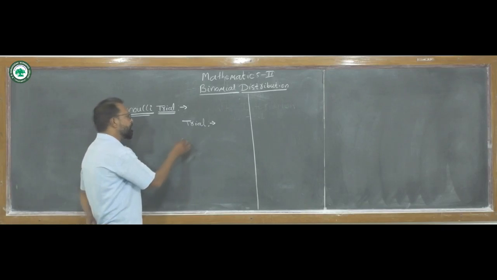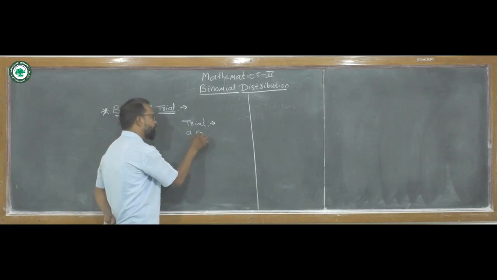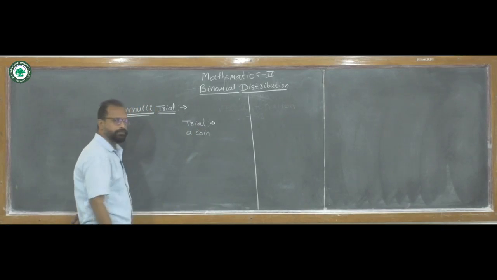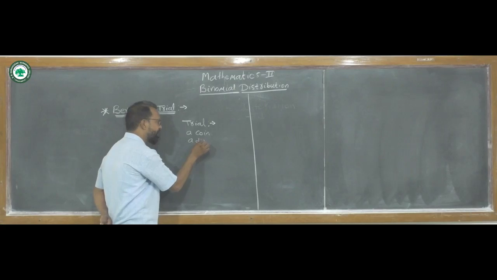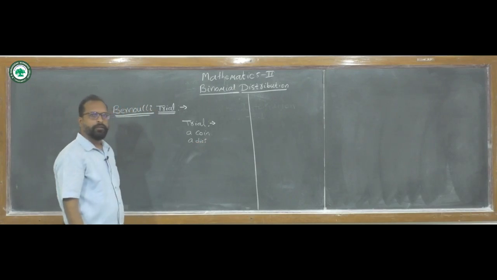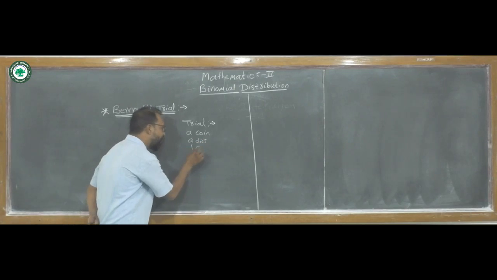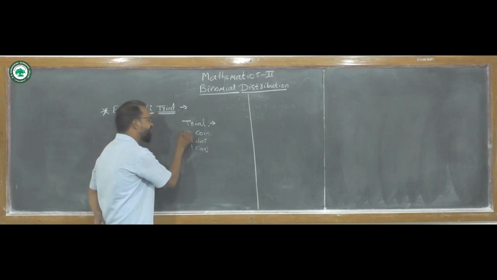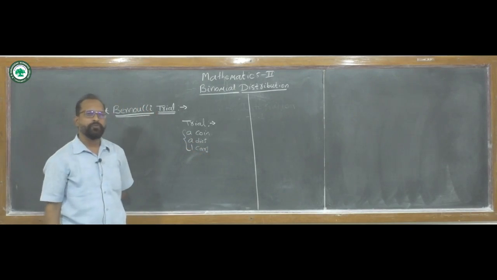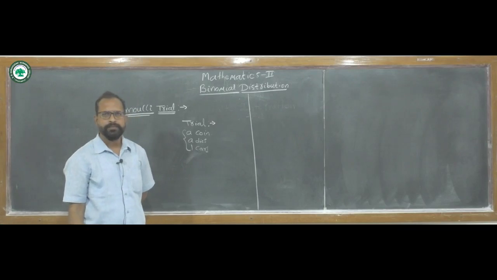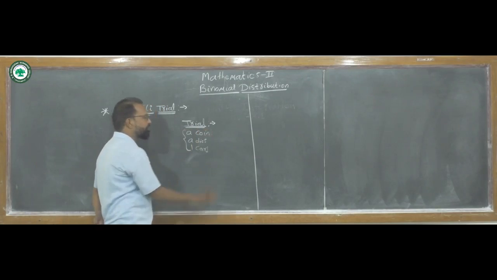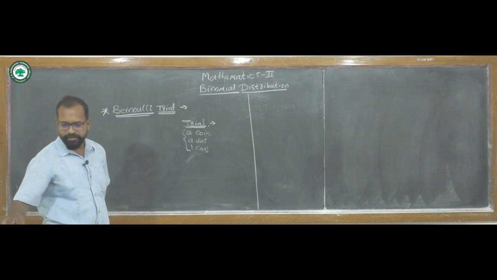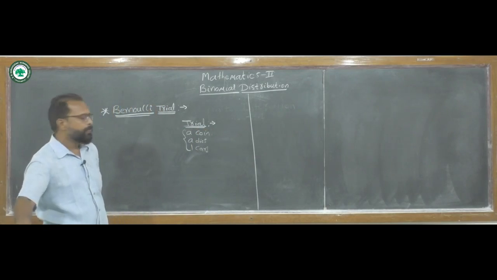Suppose we toss a single coin, or we toss a die, or we select one card. That is an experiment which is performed only once. It is called a trial. For example, tossing a coin, tossing a die, etc.